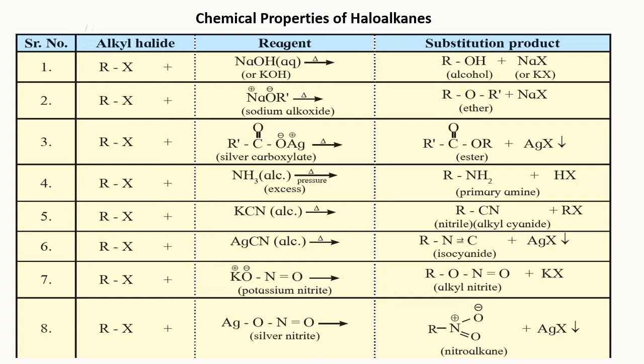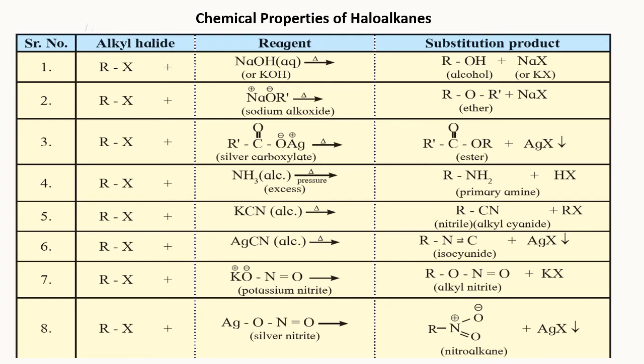Second reaction, RX plus NaOR giving rise to ROR plus NaX. When an alkyl halide is treated with sodium alkoxide, ether is formed. In this reaction, the halogen atom of alkyl halide is replaced by alkoxy group, and this reaction is known as Williamson's synthesis, and this method is used to prepare simple and mixed ethers.